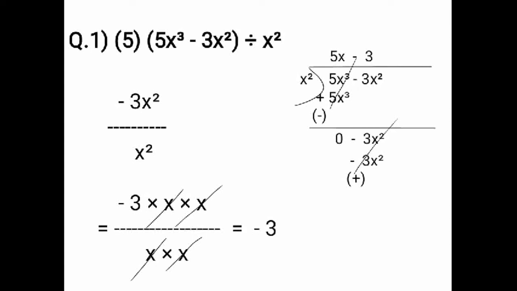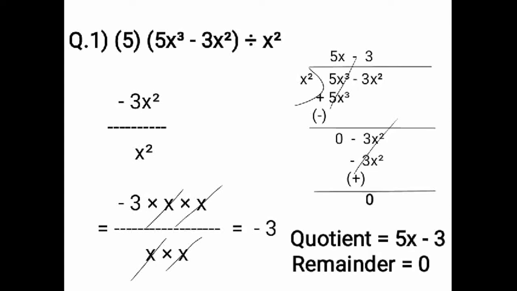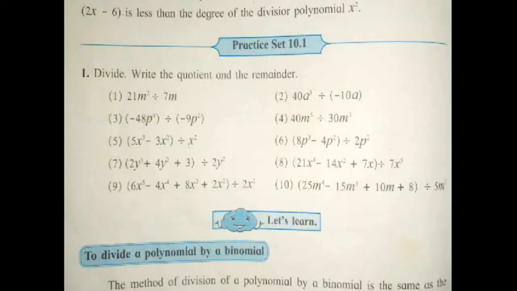Before that you have to cancel and then write remainder 0. Answer which you got here, this is the quotient. Okay. Quotient is 5x minus 3. Remainder is equal to 0. Next, 8p cube minus 4p square divided by 2p square. The sixth sum is the same as the fifth one, how I taught you.